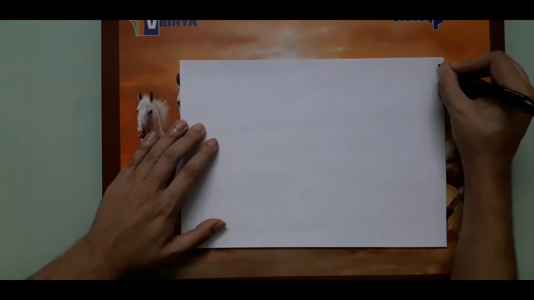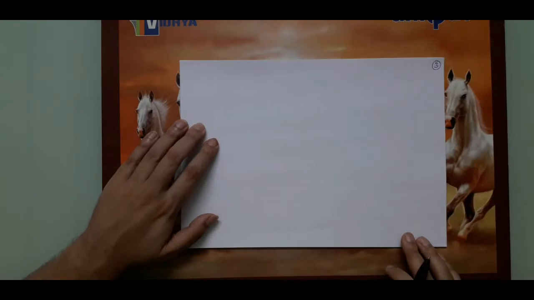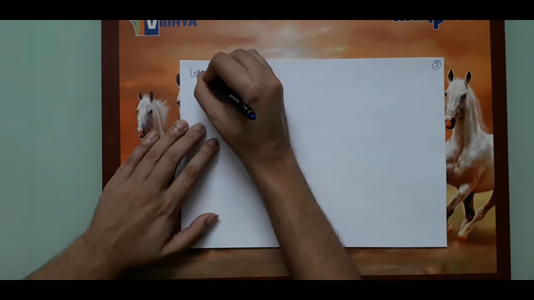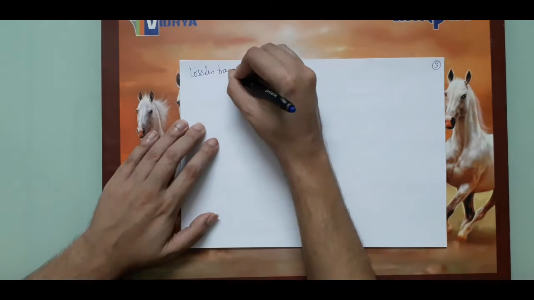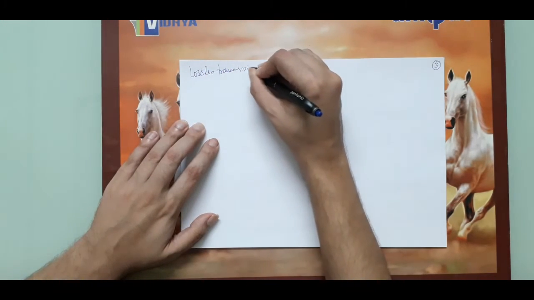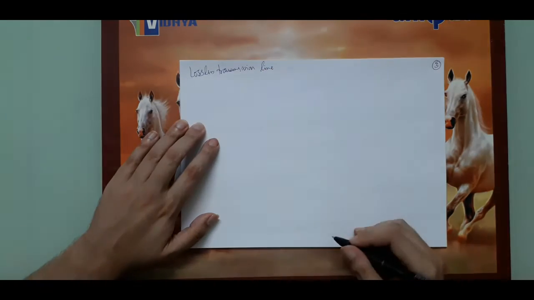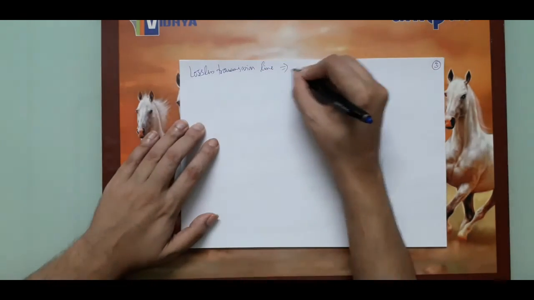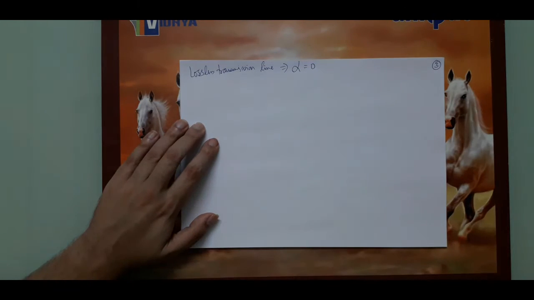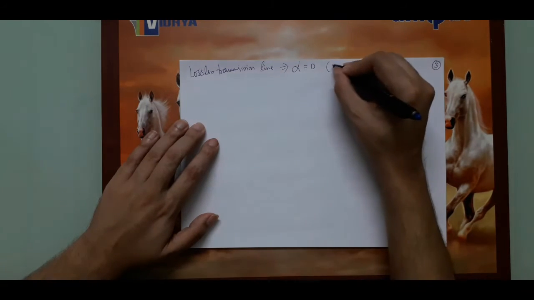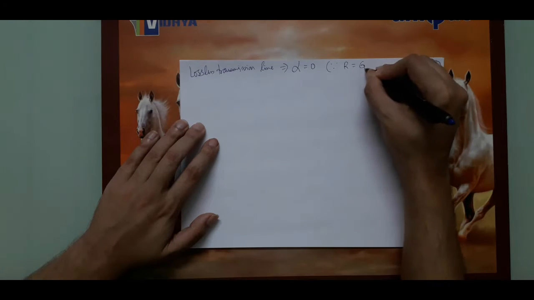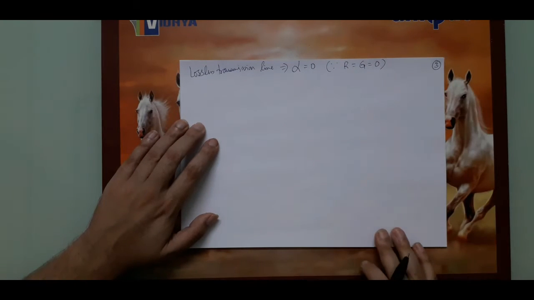Now we have said that unless otherwise mentioned, all the transmission lines that we come across in this course shall be lossless, where alpha, the attenuation constant, is 0, and this happens because the per unit length resistance and conductance become equal to 0.